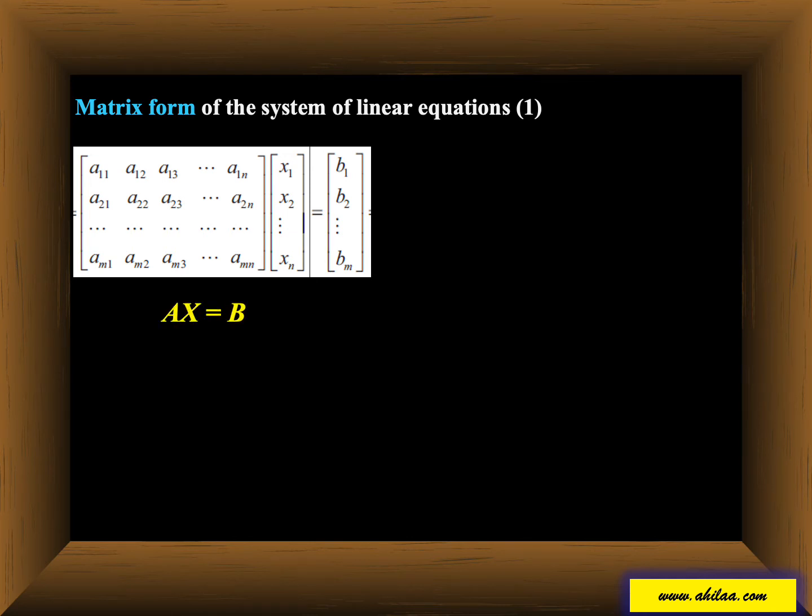This is notated as AX = b. Here, order of A is m by n, order of x is n by 1, order of b is m by 1.